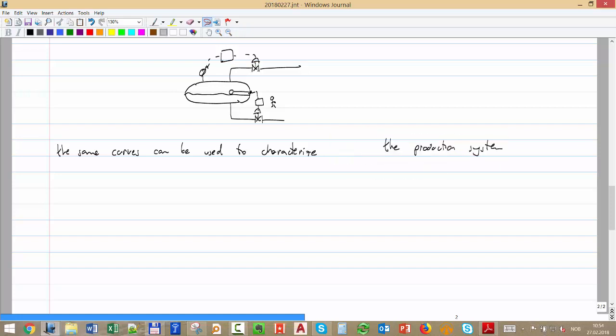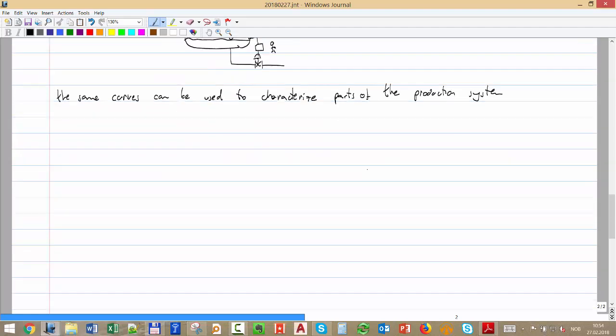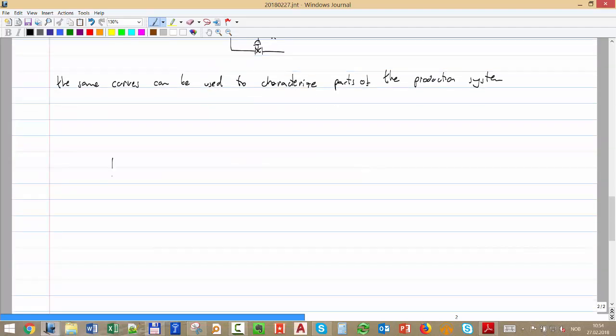So let's look first just at the well, and remove the rest.